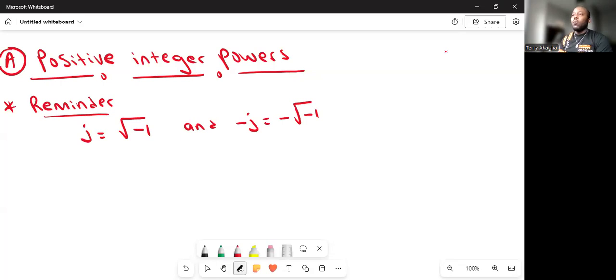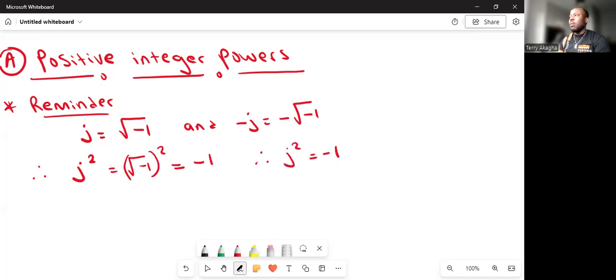If we have J squared, what would this be? J squared is going to be the square root of -1 all squared, and that gives us -1. Therefore, we can say J squared is equal to -1.